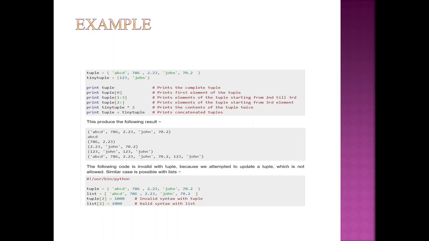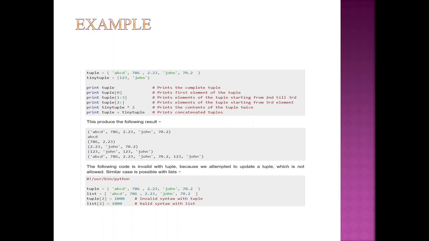That is, I'm changing the value at the second index. In the tuple, the value of the second index is 2.23, and I'm trying to change it to 1000. But if I try to do that, it shows me invalid syntax with tuple because we cannot update the value of a tuple. But we can do the same process in a list.